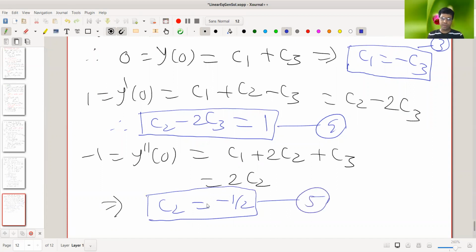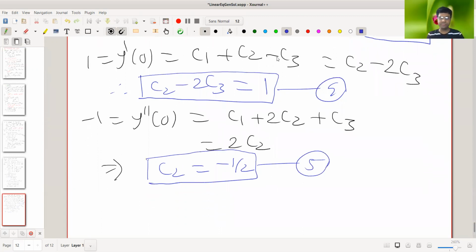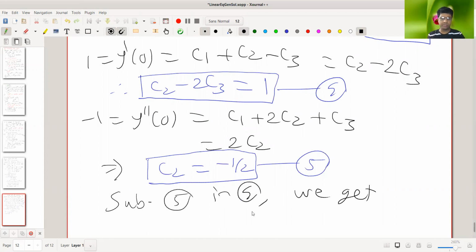We substitute 5 in 4 to find the value of C3. Substituting 5 in 4, we get, C2 is minus 1 by 2, so minus 1 by 2 minus 2C3 equal to 1.